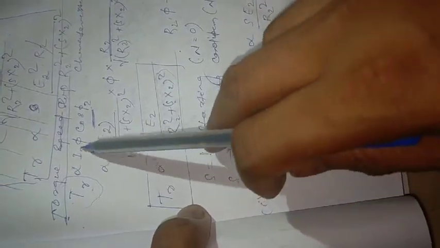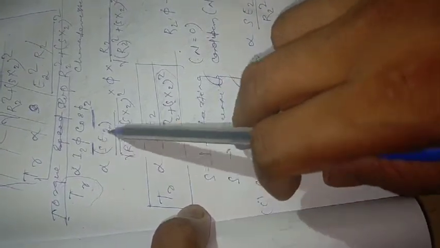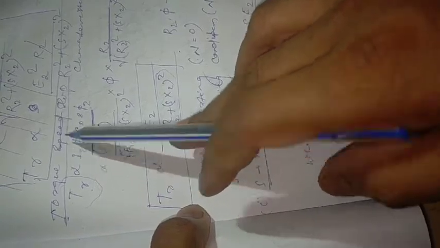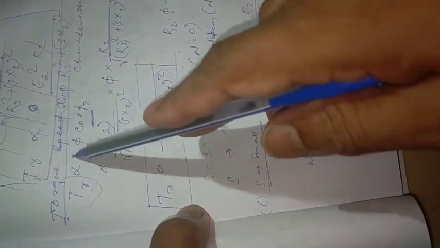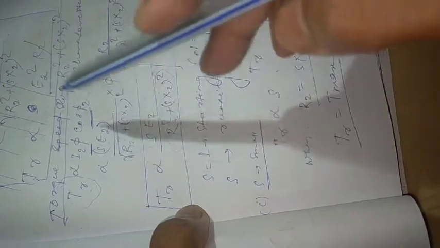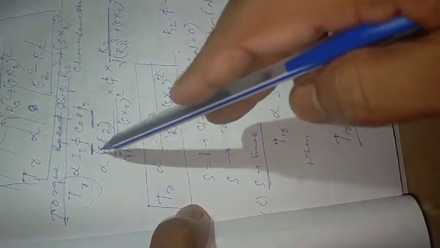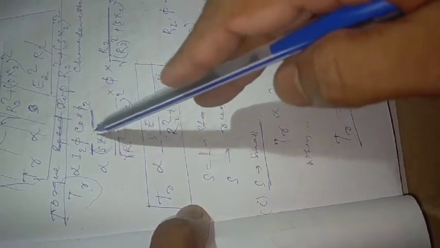Now how to represent I2? I can write I2 as equal to, as it is an AC circuit, voltage divided by impedance. So what will be the voltage here? The voltage will be S multiplied by E2.